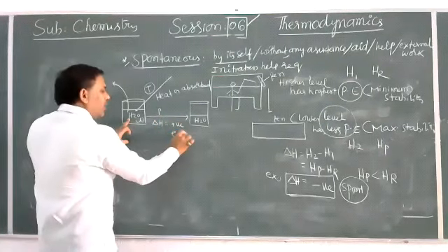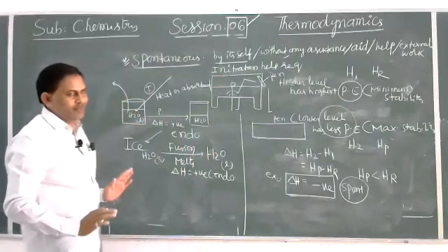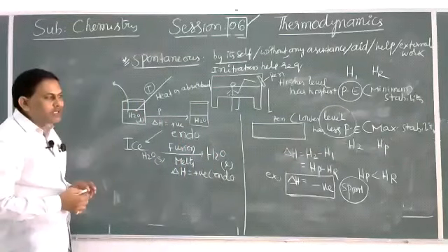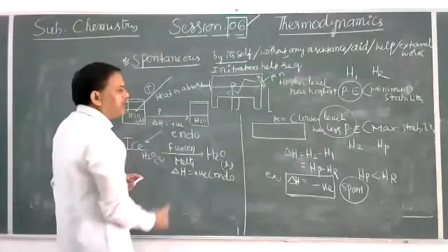Ice exposed to atmospheric air in the summer season slowly melts and converts into liquid. Here heat is absorbed from the atmosphere. It is also an endothermic process, and also spontaneous. That's why by using only the exothermic criterion, we can't decide whether a process is spontaneous or non-spontaneous, because there is a criterion to explain spontaneity. Not only exothermic, some endothermic processes are also spontaneous.